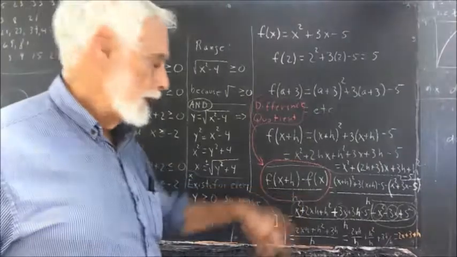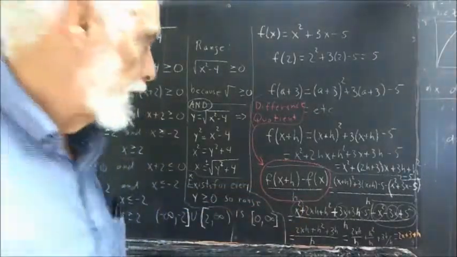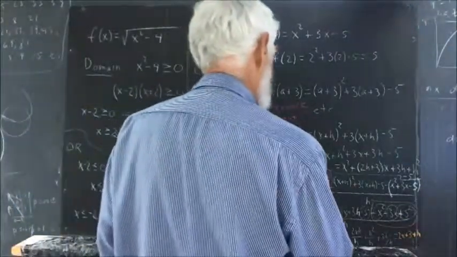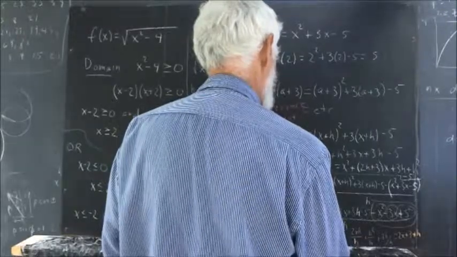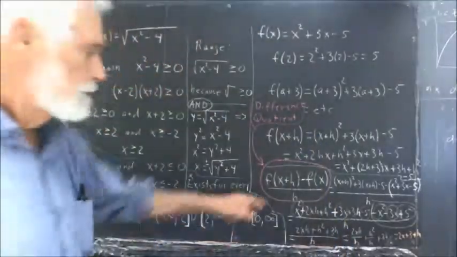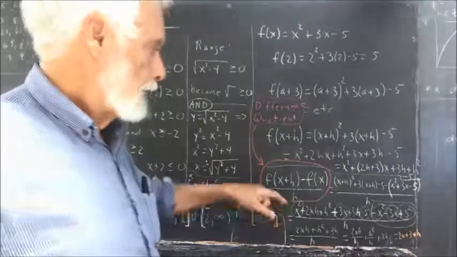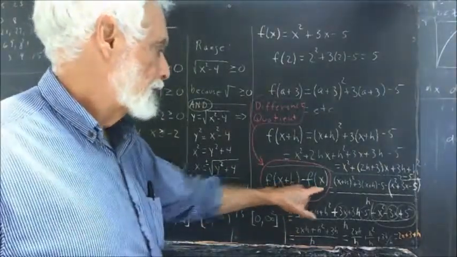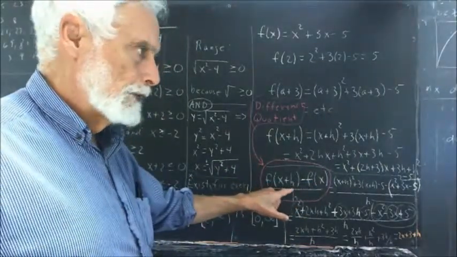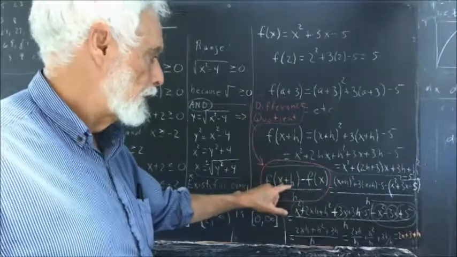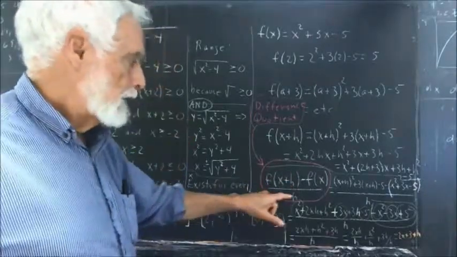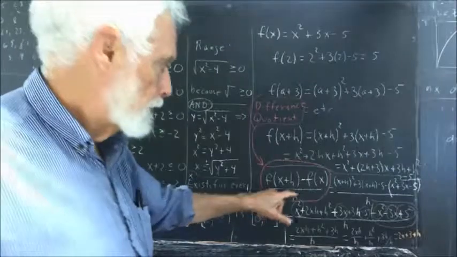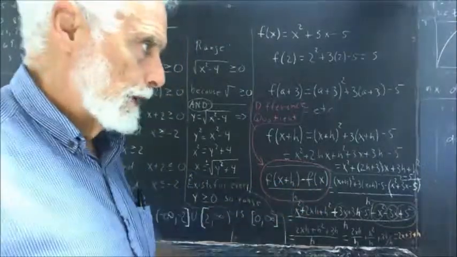This expression here has a specific name. It's called the difference quotient. Okay, it's the difference between f of x and f of x plus h, where h is generally considered to be a small quantity. And then we divide by h, which is, of course, the difference of the x quantities.